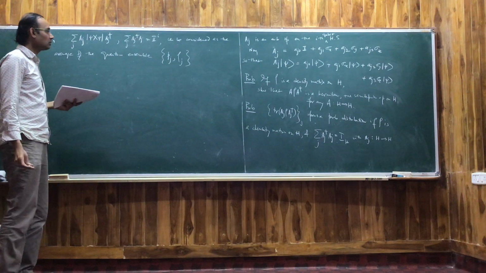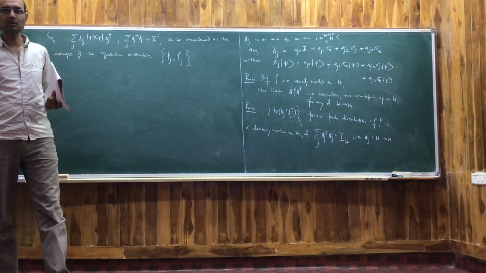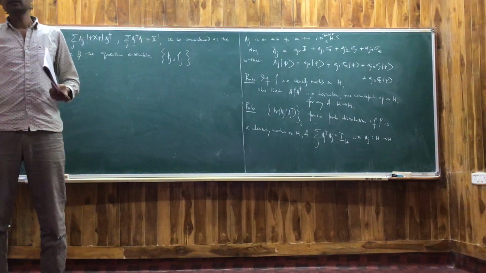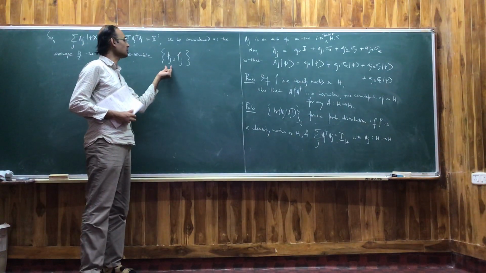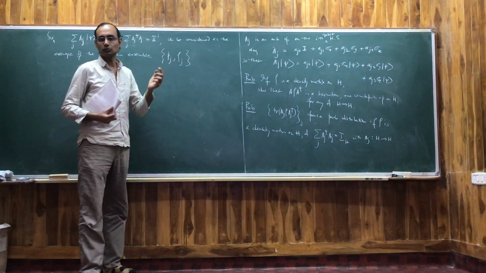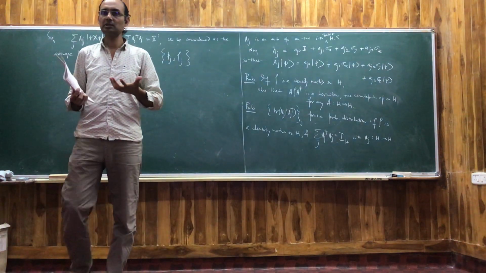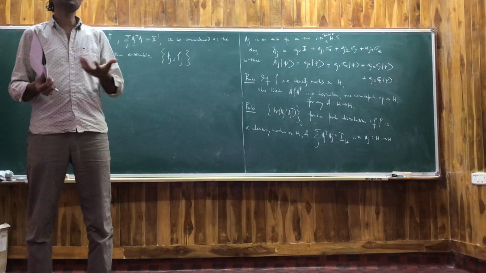So what is a quantum ensemble? A quantum ensemble is a situation or a source that is preparing the quantum state rho j with probability p_j. Yes. So you have a situation which is not deterministic.